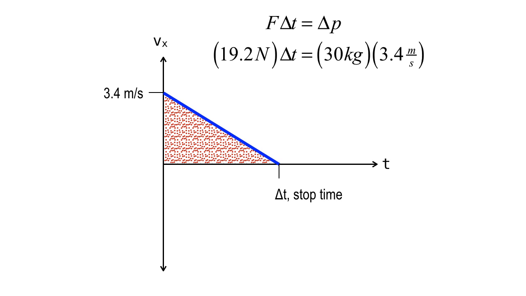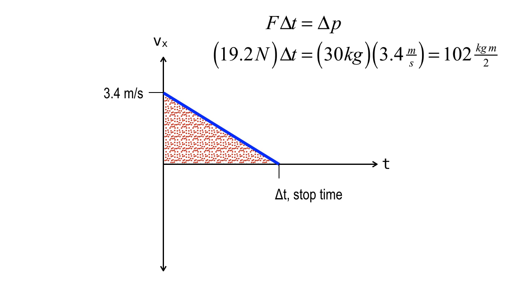So 102 kilogram meters per second. That's how much he's lost. If we put in the minus signs, we'd have a negative 19.2 newtons and a negative 102. And then they cancel out, so we'd be left with where we are right now.